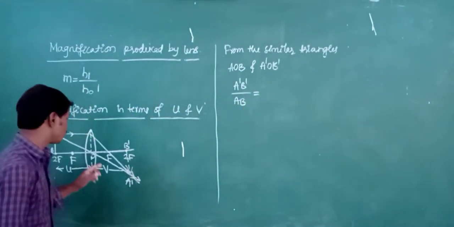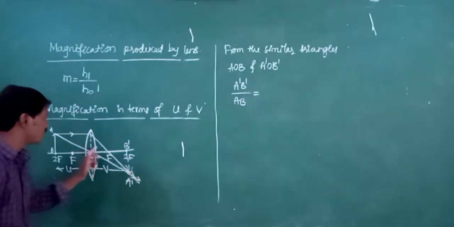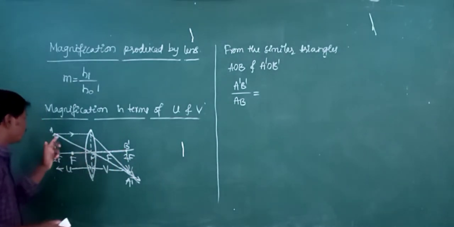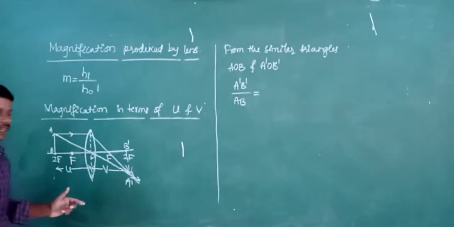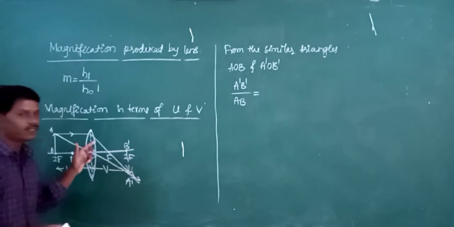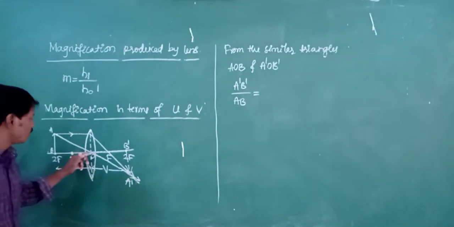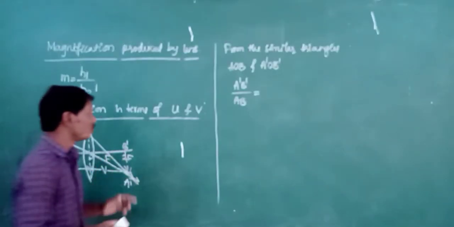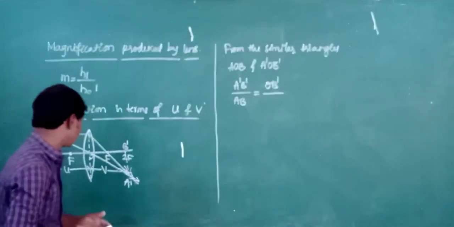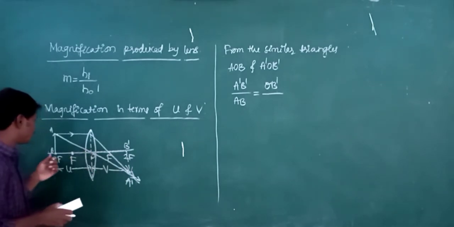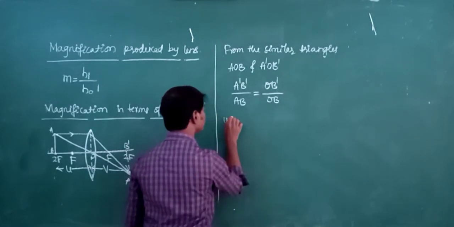AOB is called the object triangle because it has the object AB, and A dash B dash O is called the image triangle because it has the image A dash B dash. The horizontal side of the image triangle is OB dash, divided by the horizontal side of the object triangle, that is OB, then using sign convention.